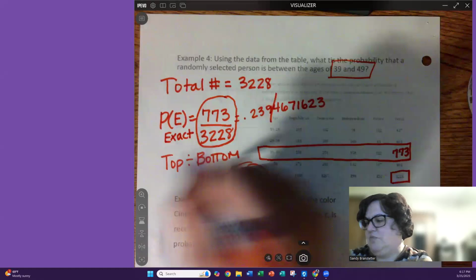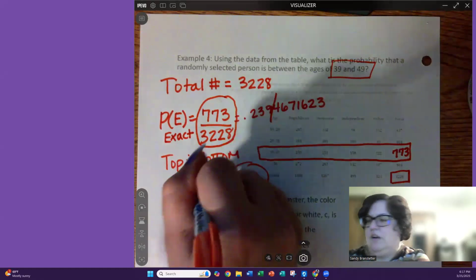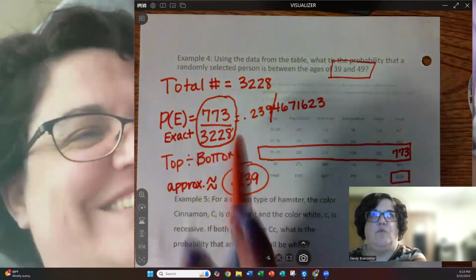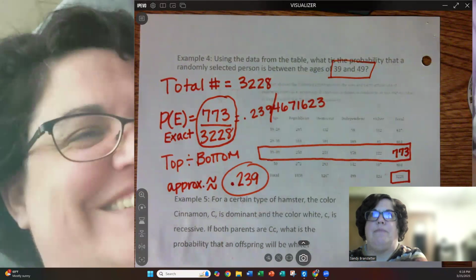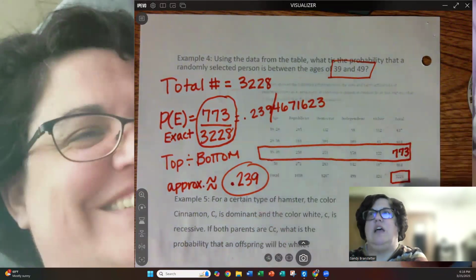This is an approximate answer. When you're doing your homework, if it asks for an exact answer, leave it in fraction form. Again, you need the total for what we want and the total possible.